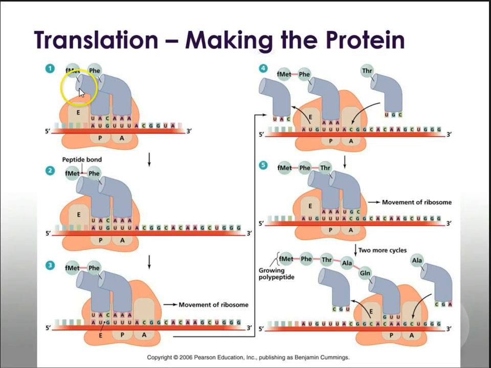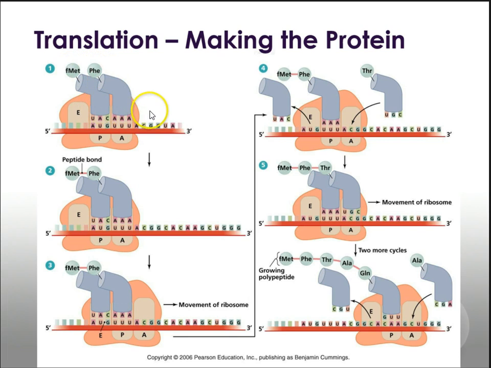But anyway, here's the point. The methionine would have come into the acceptor site. The ribosome will move down, making the next codon open. Then the next transfer RNA with whatever this matches will come in. And then when this transfer RNA shifts over, a polypeptide bond is formed between these 2 amino acids.